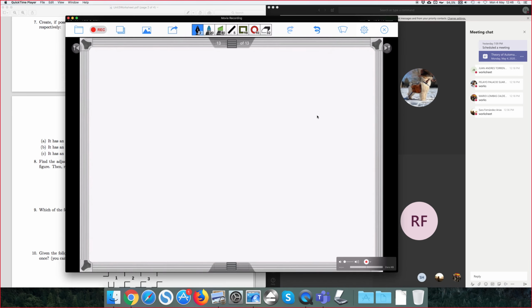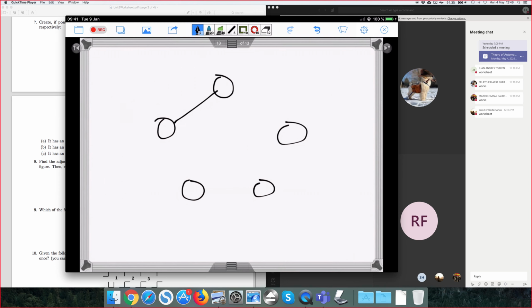So remember that the Eulerian cycle uses all the edges once and only once. The Hamiltonian cycle uses all the vertices once and only once. So we need 5 vertices. And in order to do that, I can just draw a graph like this one, okay?